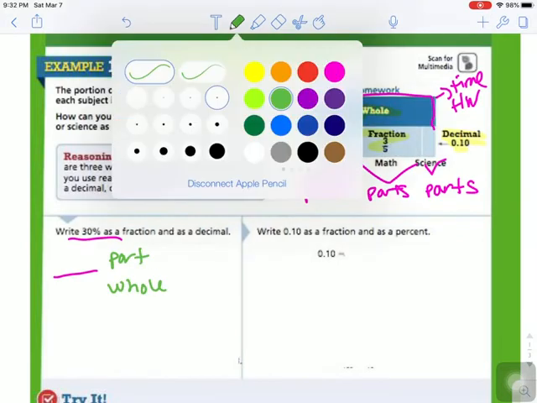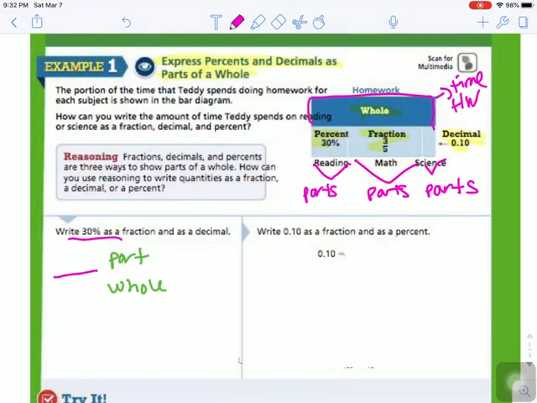So when we're thinking of percents here, our whole is 100 because a whole percent is 100%, so that's our whole. And then the time he spends reading is 30%. So my part there, my part out of the whole 100% is 30. So my 30% as a fraction is 30 over 100.